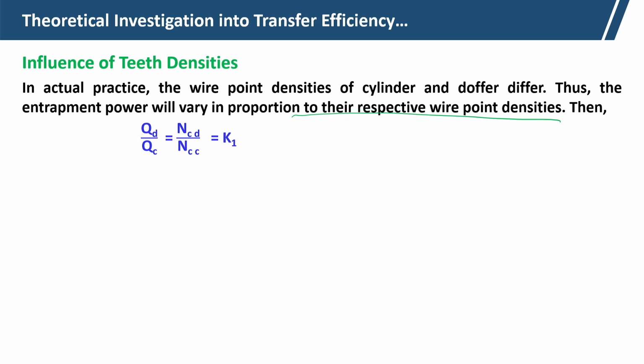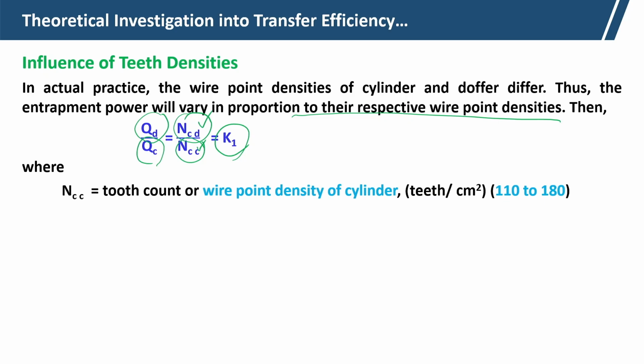Then see QD, the doffer load, entrapment power of doffer divided by entrapment power of cylinder, is proportionate to NCD by NCC, that means wear point density of doffer divided by wear point density of cylinder, which is constant for a particular machine. This constant is expressed as K1.